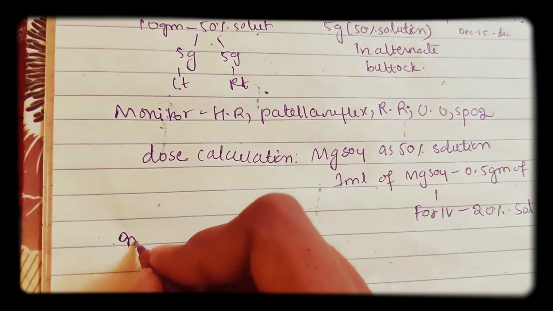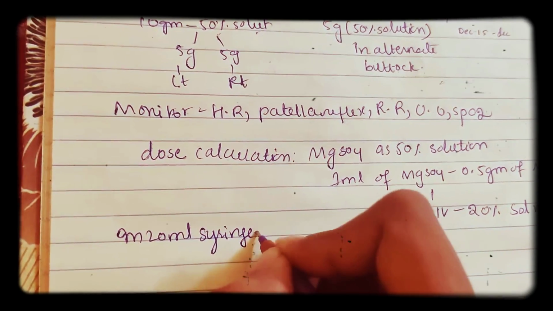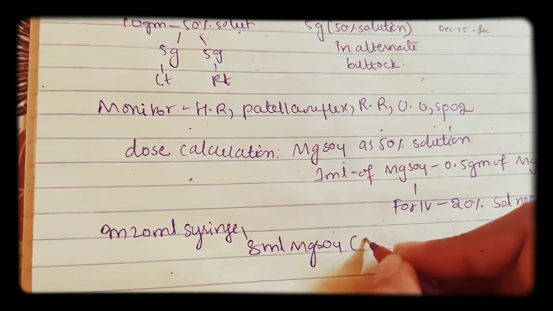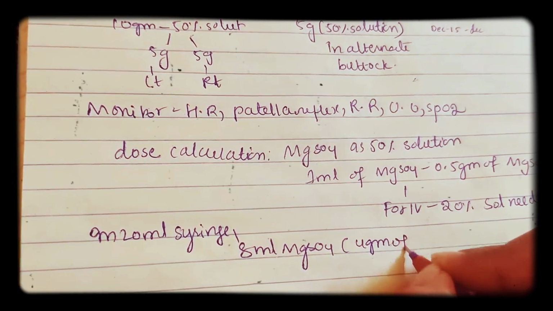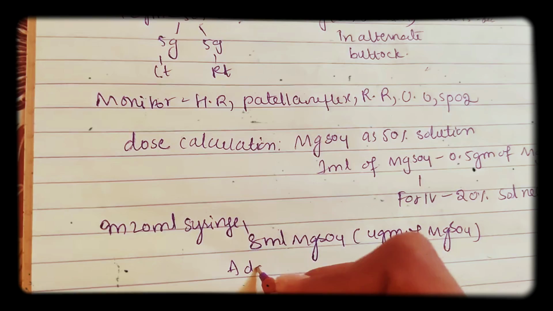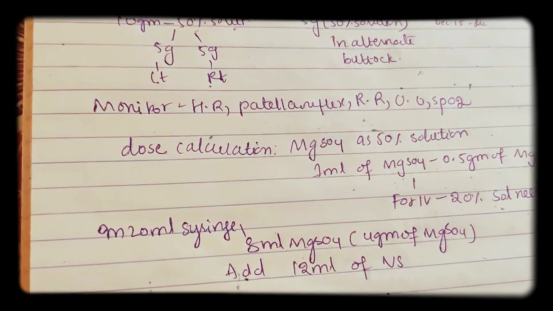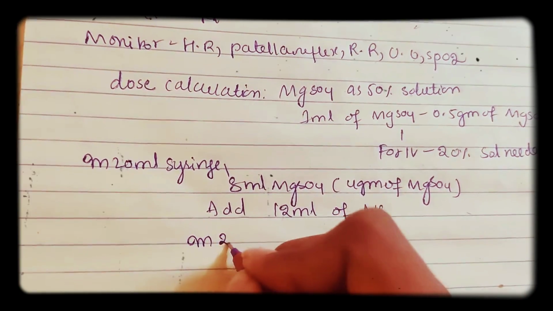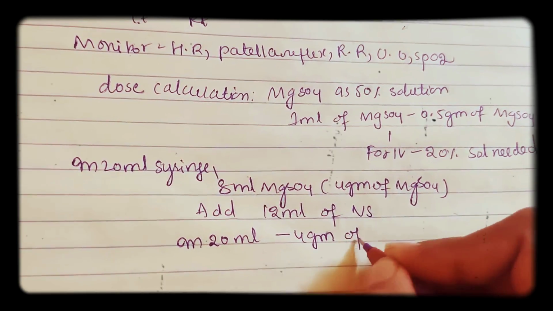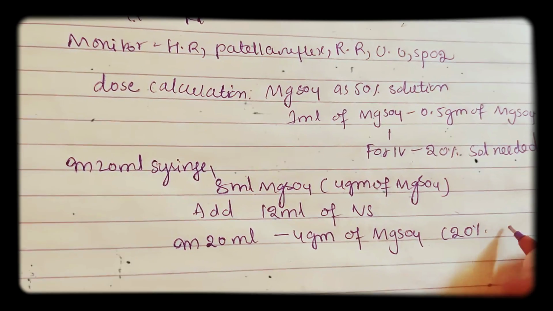So in the case of a 20 ml syringe, 8 ml of it is magnesium sulfate, that is 4 grams of magnesium sulfate. Add 12 ml of NS. So in 20 ml there is 4 grams of magnesium sulfate, that is a 20% solution.